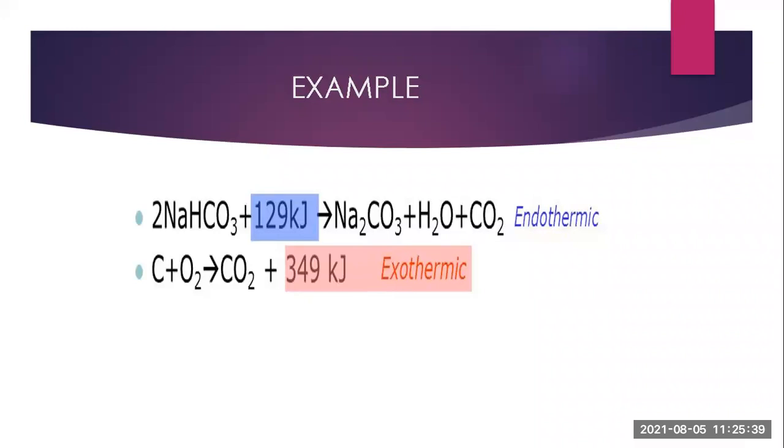But whenever the amount of heat energy is given on the product side, that means it is releasing the heat, and hence it is an exothermic reaction. So in the product side, if the energy is given, then that much heat is released, so it is an exothermic process. Whenever it is given on the reactant side, it is gaining and absorbing the energy, hence it is an endothermic process.